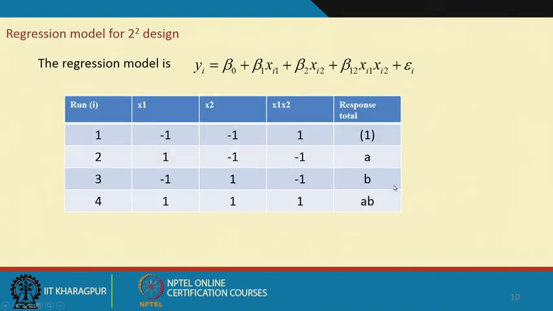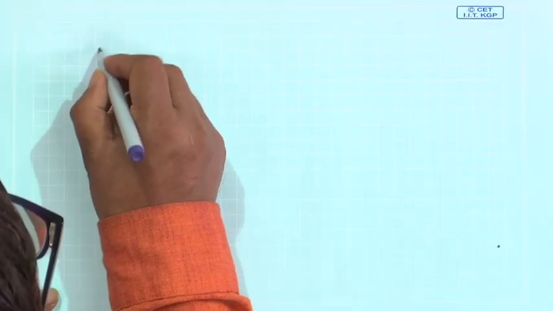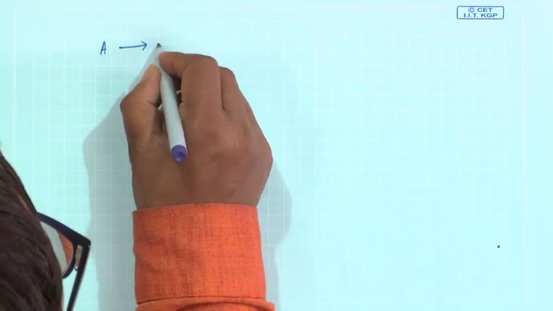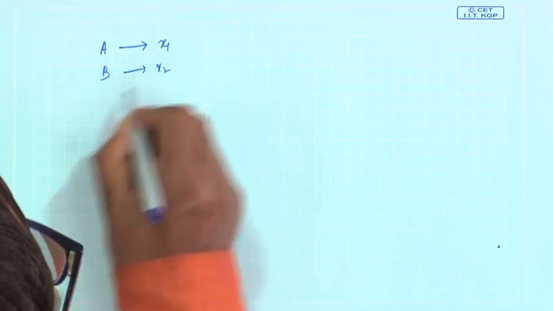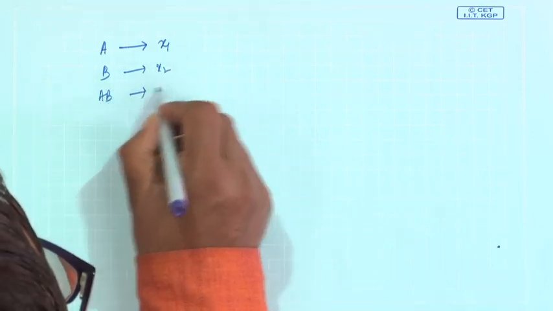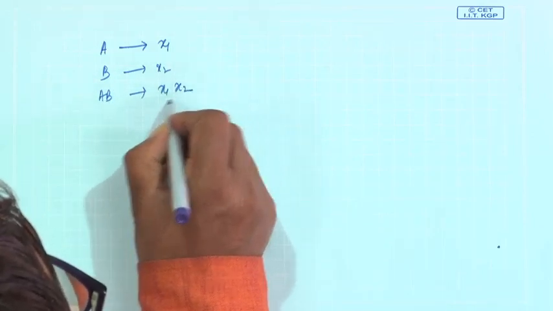Okay. Now, I will show you very quickly the regression approach. What we have seen earlier is that in regression, A we denoted by x1, B we denoted by x2, and then AB will be x1 times x2.